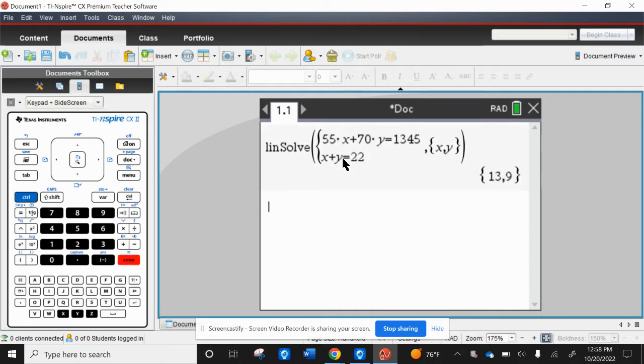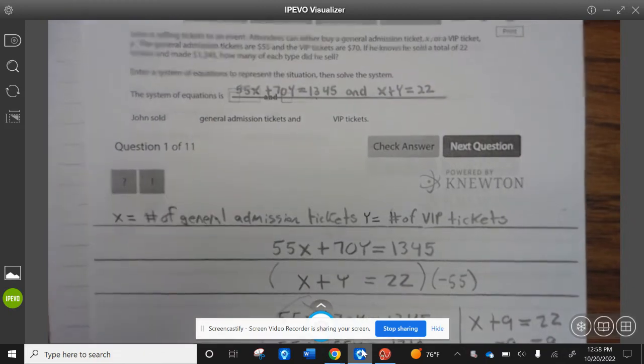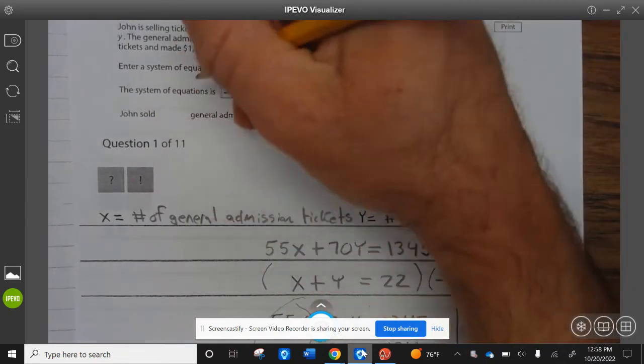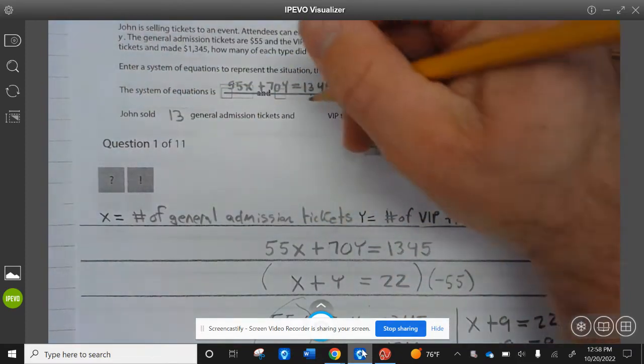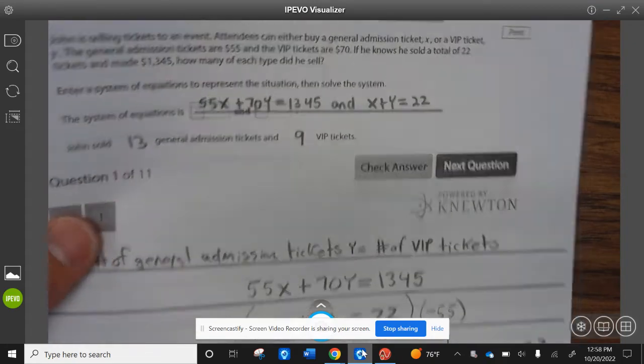That verifies our answer is correct. So John sold 13 general admission tickets and 9 VIP tickets. All right, let's take a look at the next example.